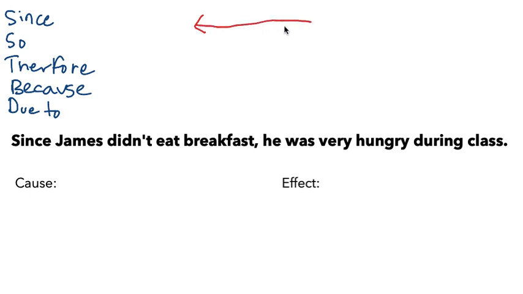Draw this timeline. Okay, that took me a second. Since James didn't eat breakfast, he was very hungry during class.